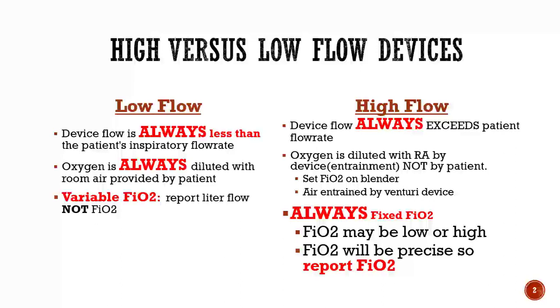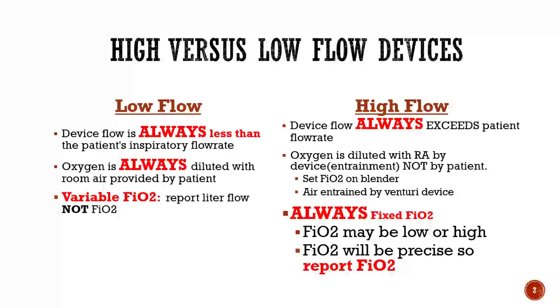The FiO2 can be low or high. You can have somebody on a high flow device that's only on 30%, but the FiO2 will be precise. So high flow does not necessarily mean high FiO2, in the same way that low flow does not necessarily mean low FiO2. The definition for low flow and high flow is exactly what it says on the slide.